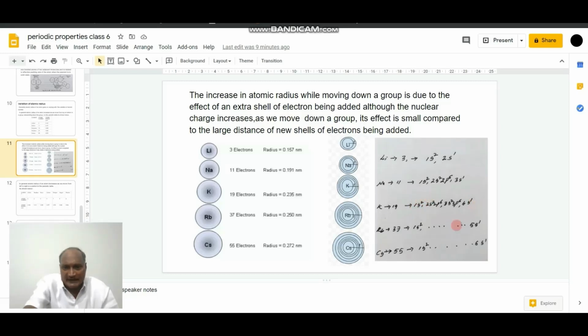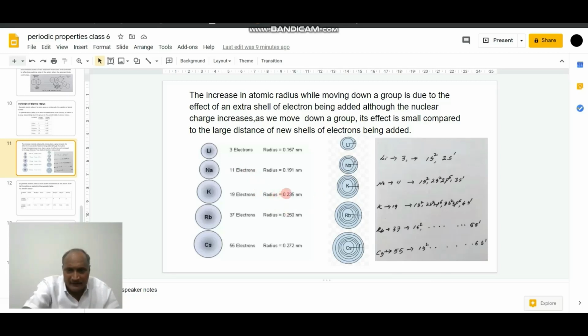In potassium, again there is an addition of one extra shell of electrons. Hence, the size of potassium is larger than the size of sodium, and the atomic radius of potassium is higher than that of sodium.